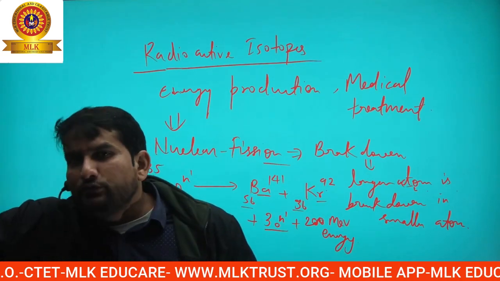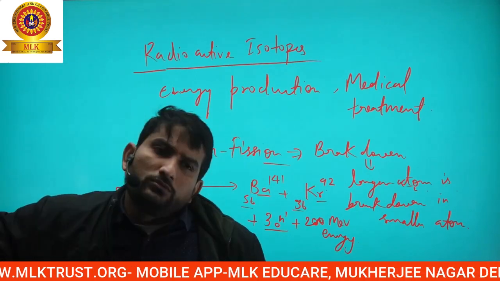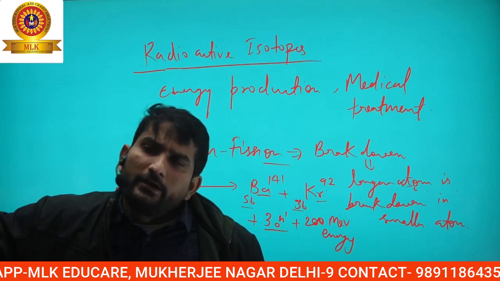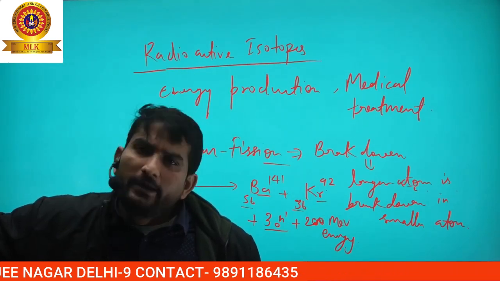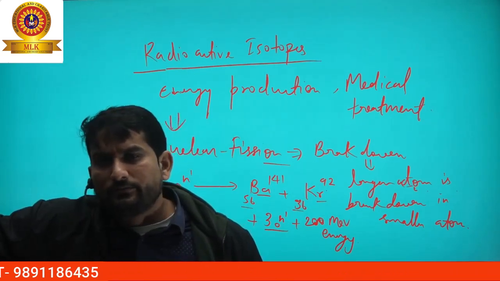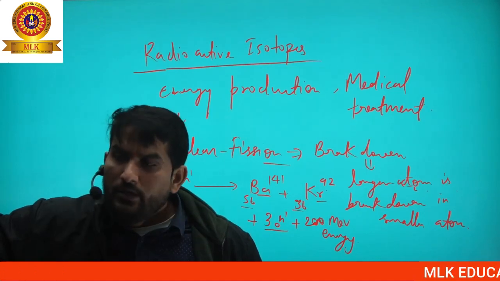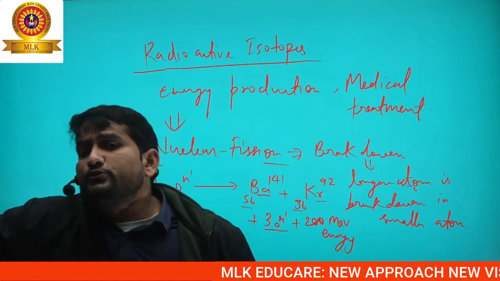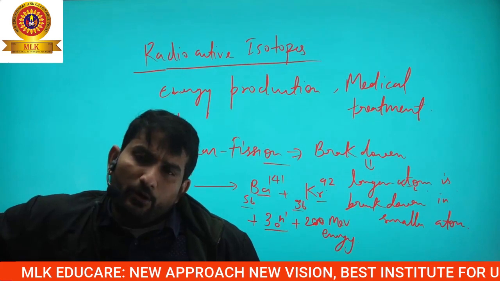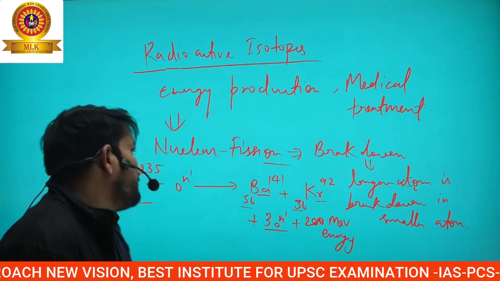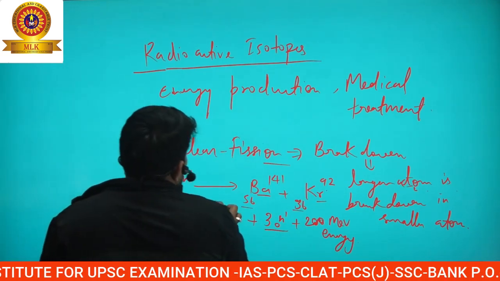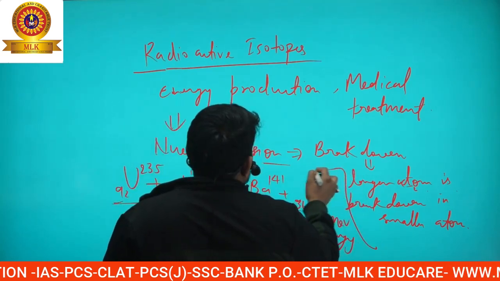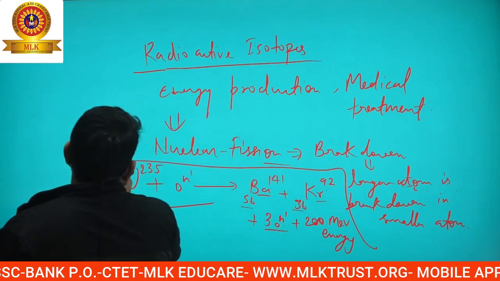Actually this process is also carried out using a nuclear reactor, ठीक है. This process is also done in the atomic bomb, ठीक है. एटॉमिक बॉम्ब में यही प्रोसेस होती है, ठीक है. कौन सी प्रोसेस होती है? फिजन वाली प्रोसेस होती है, ठीक.